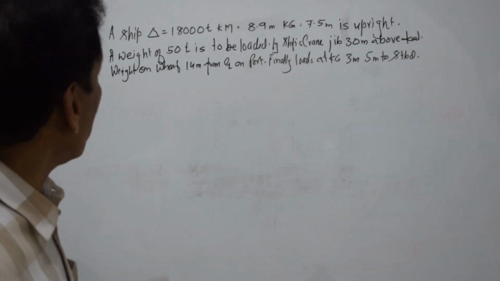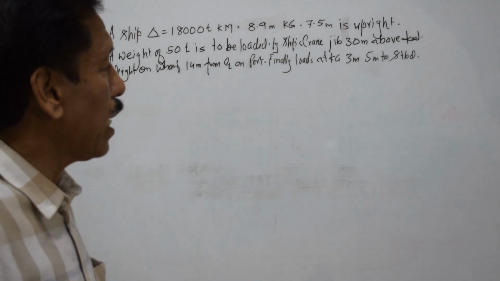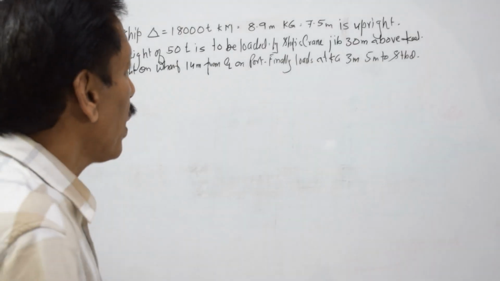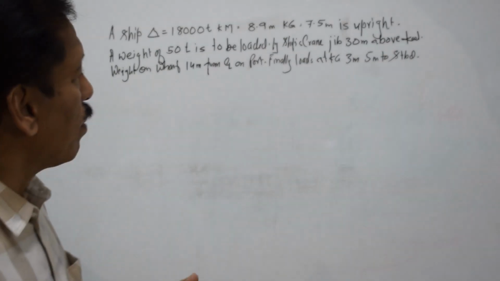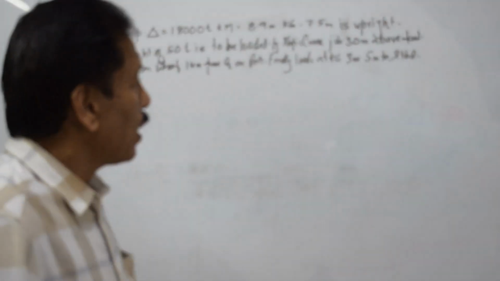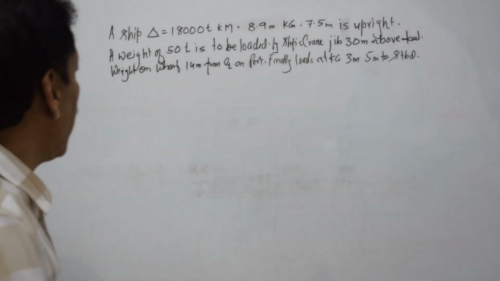This question is about a ship of displacement 18,000 tons, KM 8.9, KG 7.5 meters. It's upright. A weight of 50 ton is to be loaded by the ship's crane. The tip of the ship's crane is 30 meters above the keel.